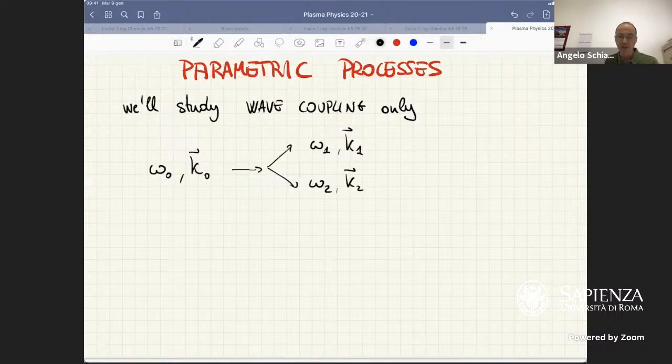So we're going to use the particle description for the waves. You know that at the fundamental level, both elementary particles and waves can be described using the duality of particle and wave. So for instance, the electron can be described as a matter wave, using a de Broglie wave and so on, and it can be done vice versa as well.